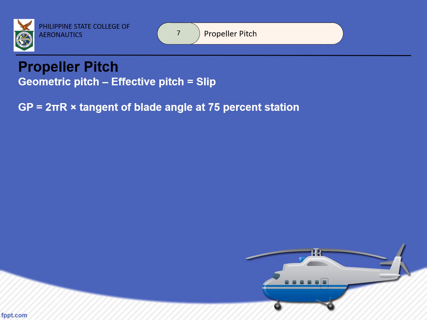First, we multiply 2 pi r by the tangent of blade angle at 75% station kasi nga, diba, yung sinabi ko kanina na geometric pitch measurement is based on the propeller blade angle at a point out from the propeller hub that is equal to 75% of our blade station. So, again, theoretical siya. Ideal ba? So, yung R natin dito is radius at the 75% blade station.